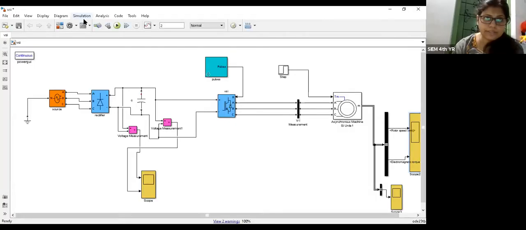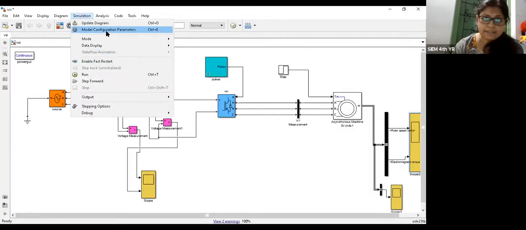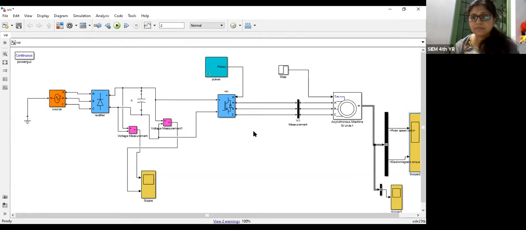We can do one thing: change the simulation method.